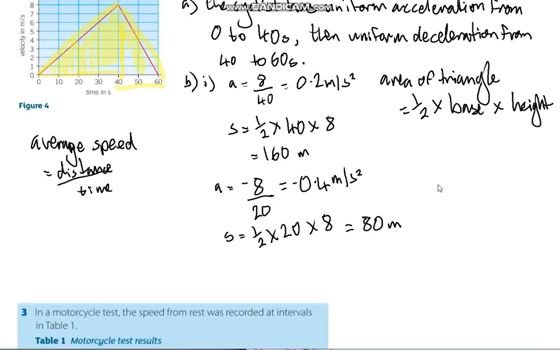So it's going to be 160 plus 80, so our distance gives us 240 meters. And then our total time is of course 60 seconds going all the way along the bottom of the graph. So our average speed V is 240 divided by 60, which gives us 4 meters per second.